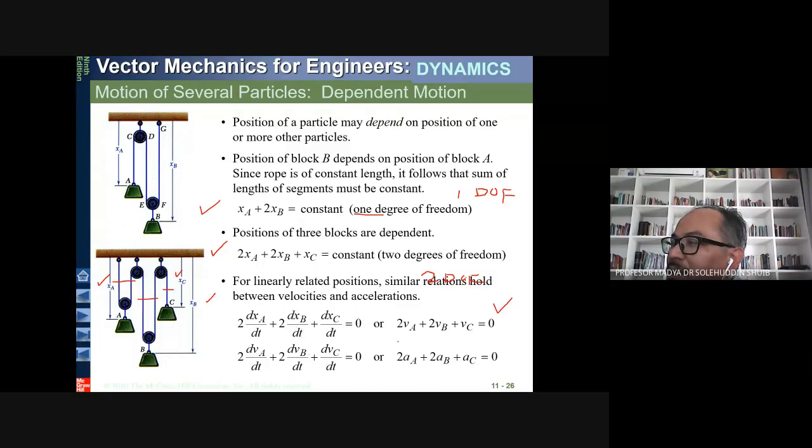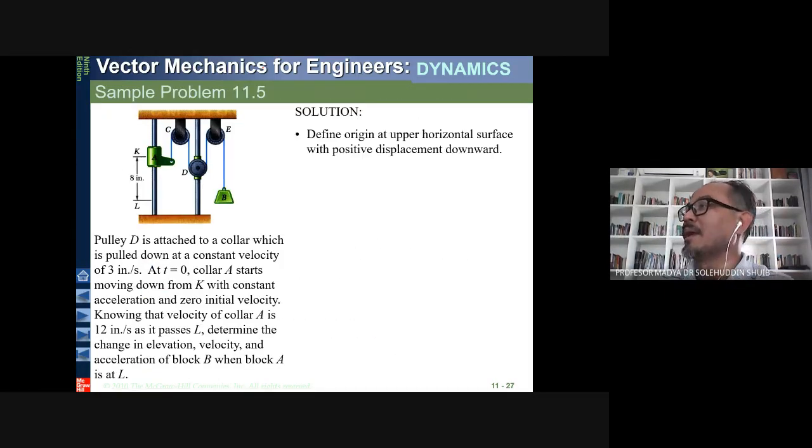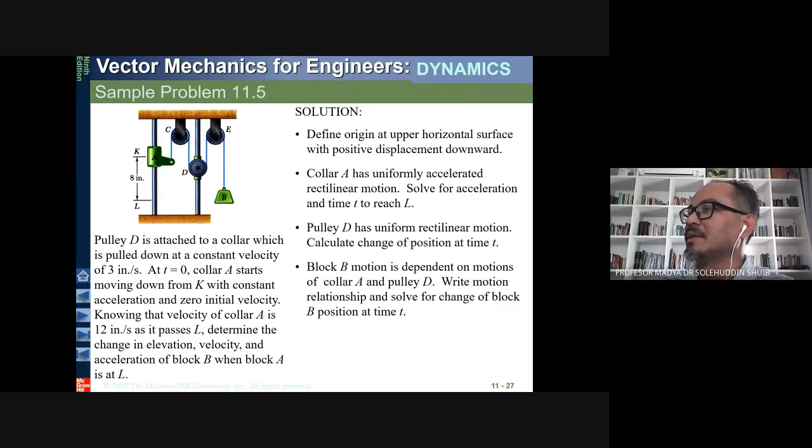And then for the acceleration, you differentiate with respect to time again, you get 2 acceleration A, 2 acceleration B, and acceleration of C. This is an example.